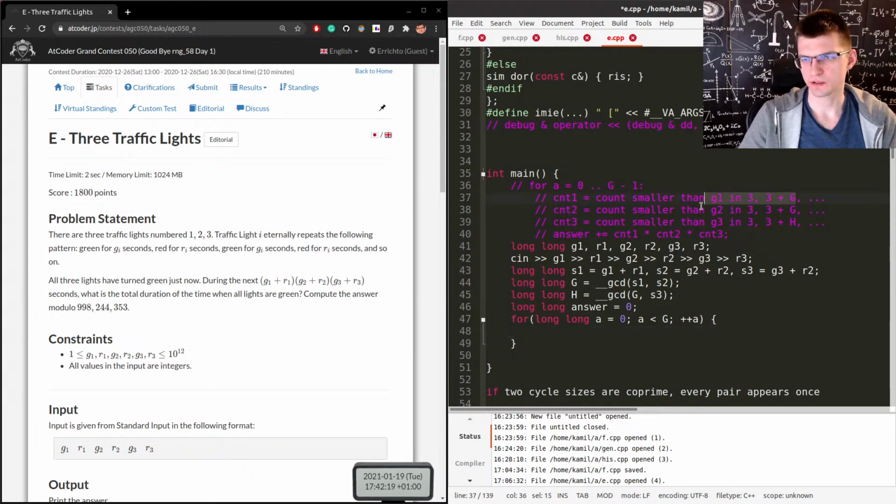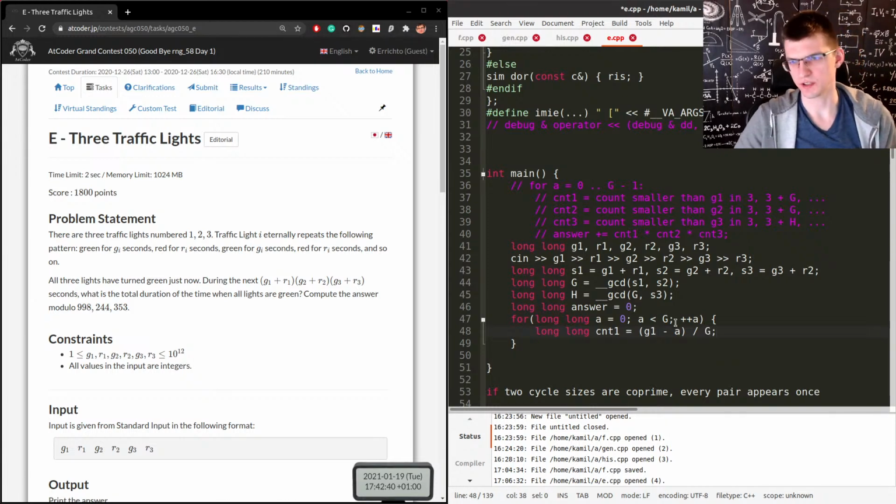All right. Should I do this with a for loop or with a formula? Let's go with formula. This is smaller than G1. Say G1 minus 3 divided by G. Let's try this. If this is exactly 3, then this is 1. If this is 2, then it's 0.